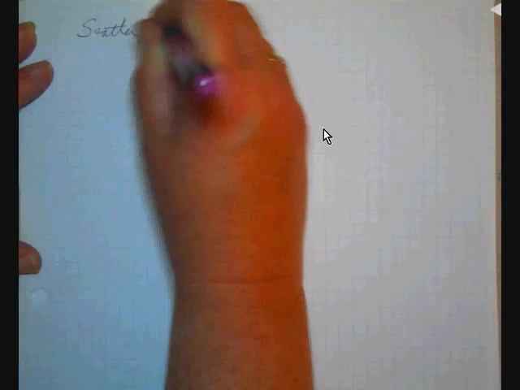So today we're going to do scatter plots and correlations. I'm using the document camera so that you can actually see me use my calculator, and I suggest you have your calculator out.